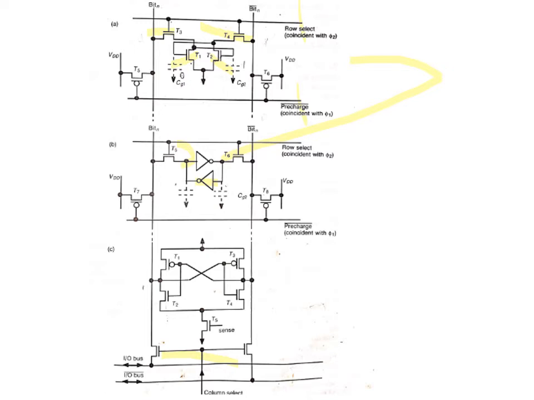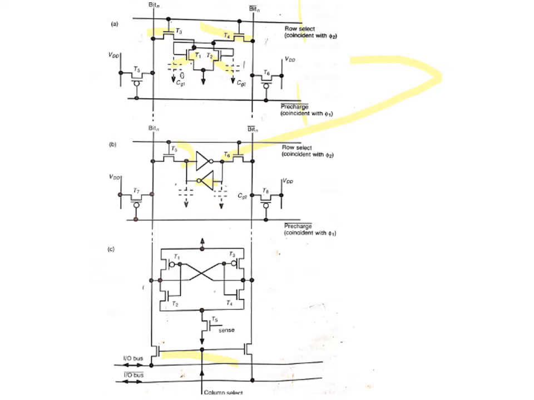The next one we call the 6 transistor cell. Here you find T5, T6 transistors, and you also find 2 inverters. One inverter contains a PMOS as well as an NMOS, and in the other inverter you also find 1 NMOS and 1 PMOS.